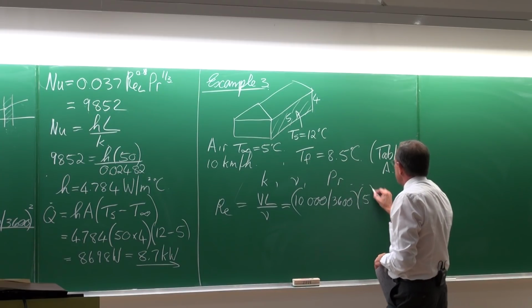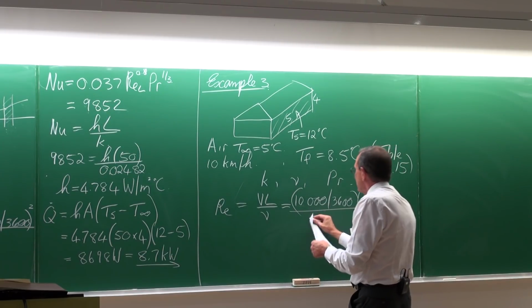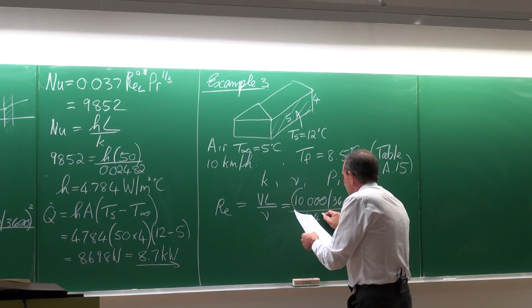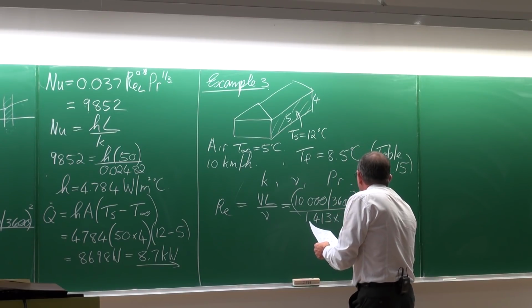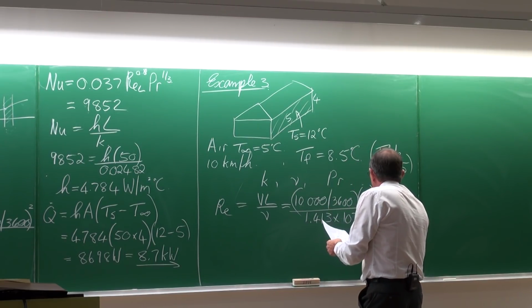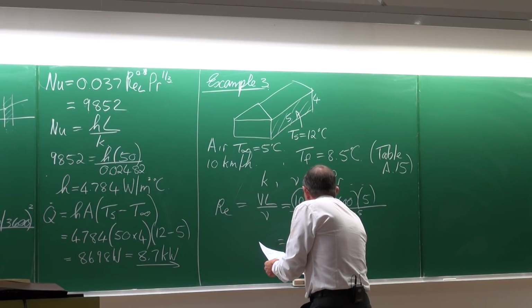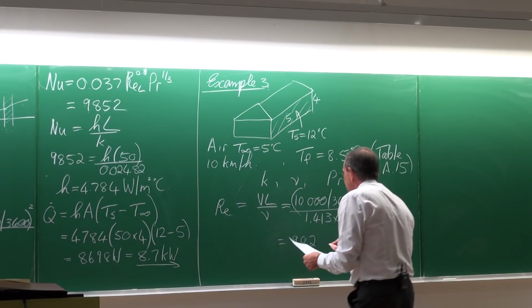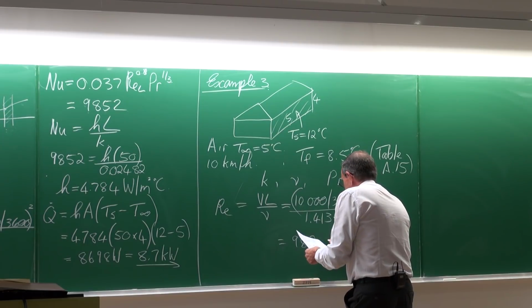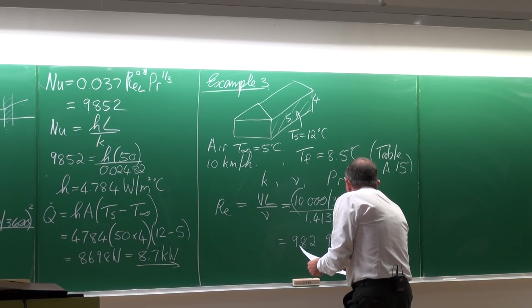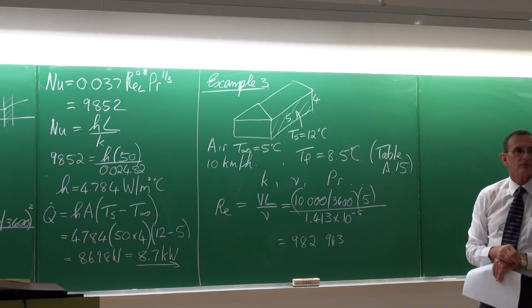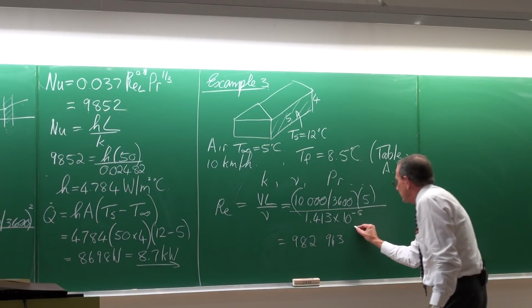Now the characteristic length is 5 meters, divided by the kinematic viscosity, 1.413 times 10 to the minus 5, and the Reynolds number is 982,936. Okay. Therefore, it's turbulent.